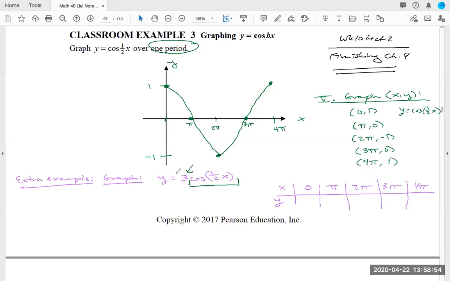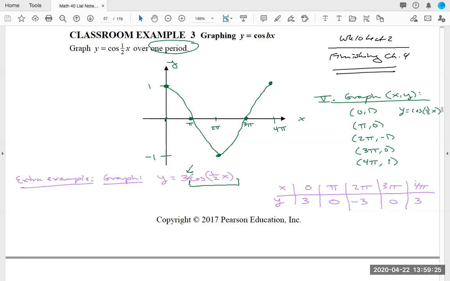But now, if I plug in 0, 3 times cosine of 0 is 3. If I plug in pi, cosine of pi over 2 is 0, times 3, 0. Plug in 2 pi here, that gives me cosine of pi, which is -1, and then I multiply by 3.